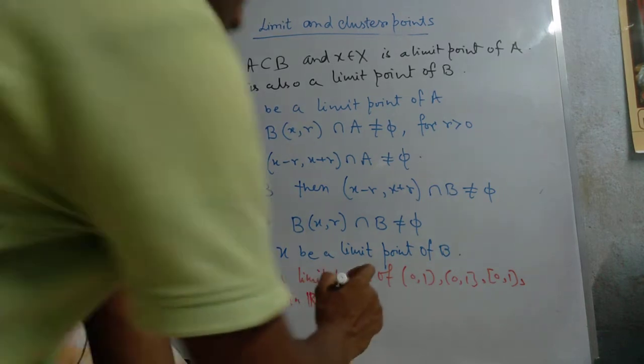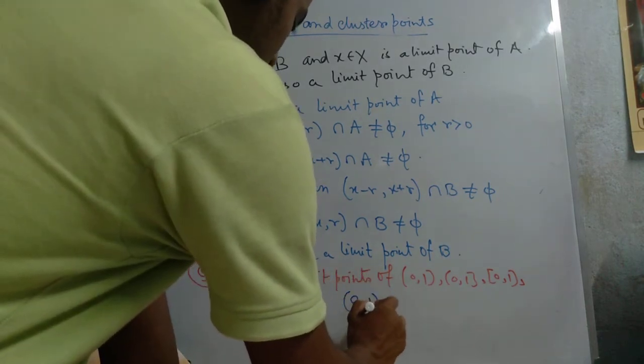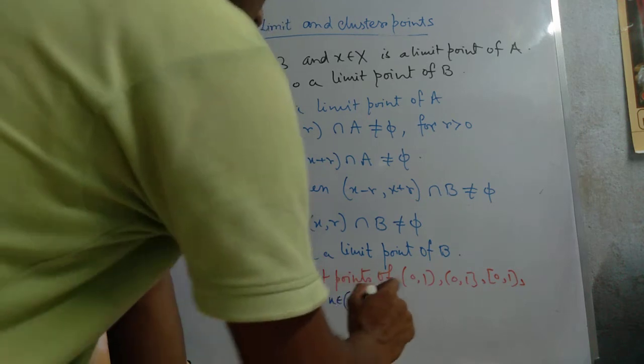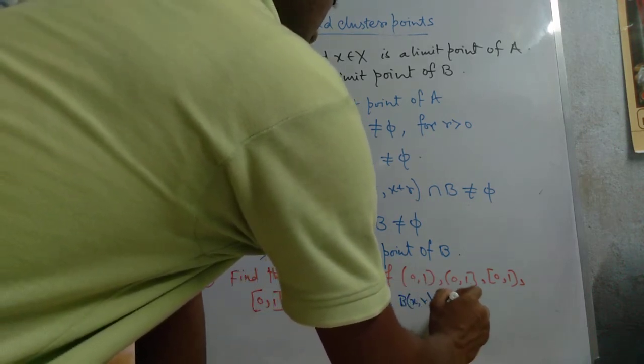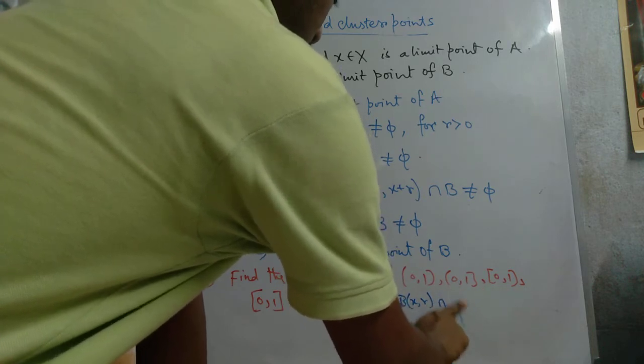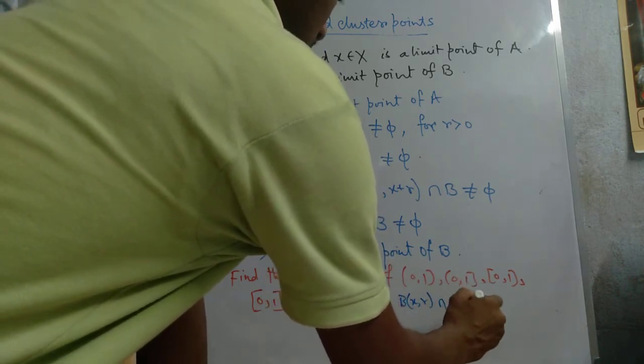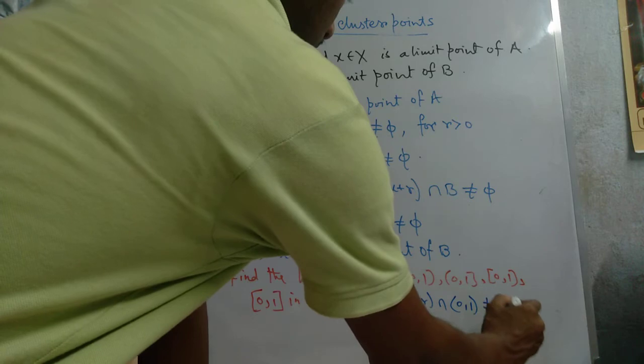That means if you take any point x between 0 and 1, then B(x, r) intersection this interval is not equal to empty set.